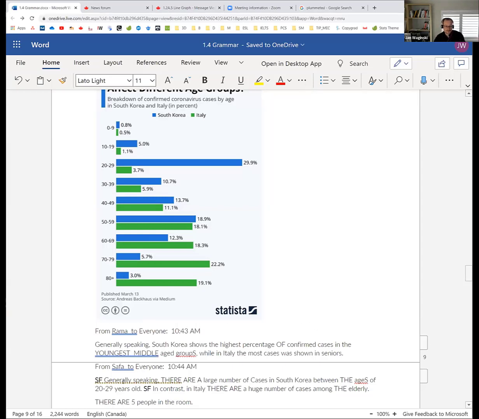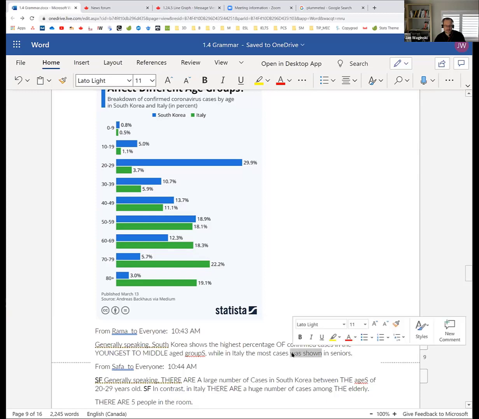So we'll put highest percentage of confirmed cases in the youngest to middle-aged groups, while in Italy, the most cases were shown in seniors. So don't talk about the bars or the lines, just talk about what the bars or the lines represent.